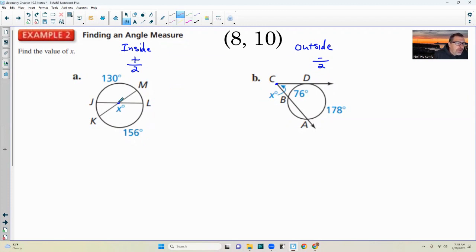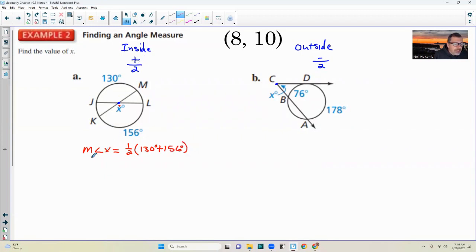All right. So notice here, though, this is not a central angle. The center of the circle is somewhere down here. This is not a diameter. These are two chords shorter than the diameter. So the measure of angle x equals 1/2 times 130 degrees plus 156 degrees. If you're inside, you add.